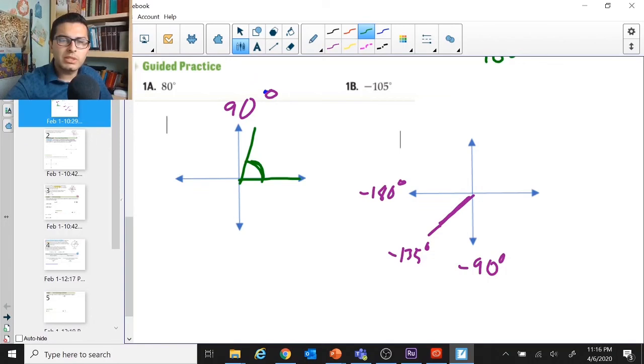I would say it's going to be a little bit closer to the 90, so I'm going to draw it roughly right there, and that's my terminal side. Remember, my initial side will always be on this right arrow, and now I need my arc. It is a negative angle, so it will go down off the initial side and then hit my terminal side right there. And that is my negative 105 degree angle.